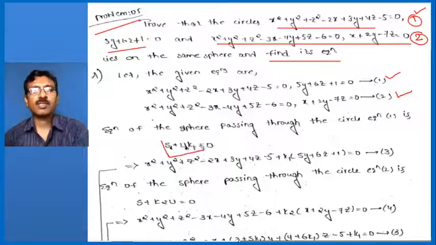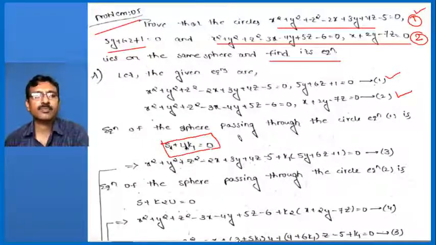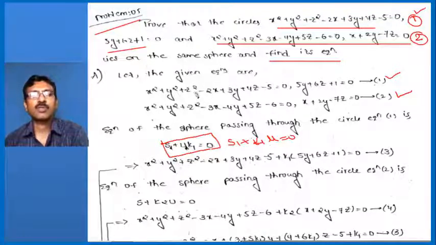The first one is S1 plus K1 U1 equal to 0. Here S1 is the first equation and U is U1, and I take this as S2 and U2.